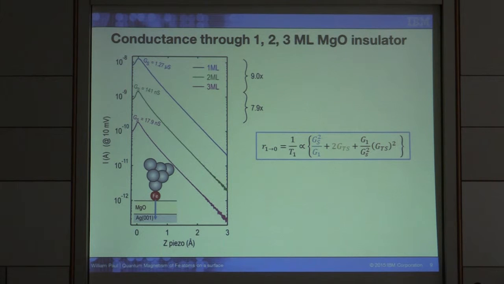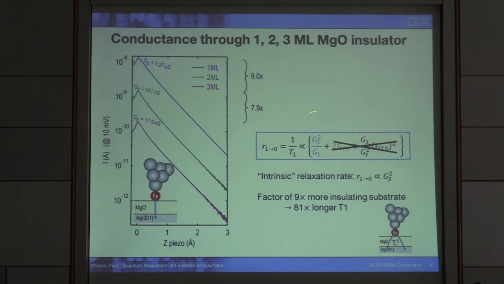Well, in the limit of low tip-sample conductance, we're only interested in the intrinsic relaxation lifetime. The rate of de-excitation goes as the square of the conductance of the substrate. And so we expect that a factor of 9 times more insulating substrate would give us an 81 times longer lifetime. So let's see what happens.